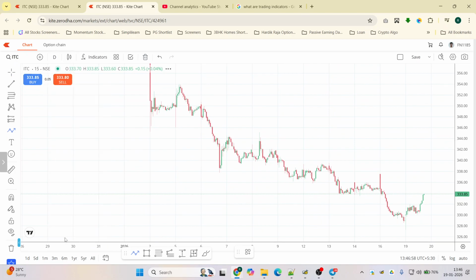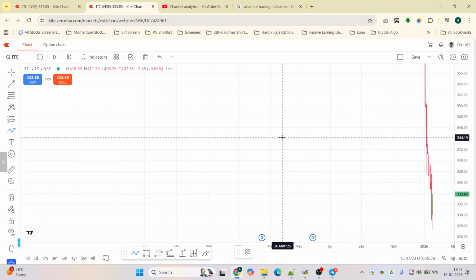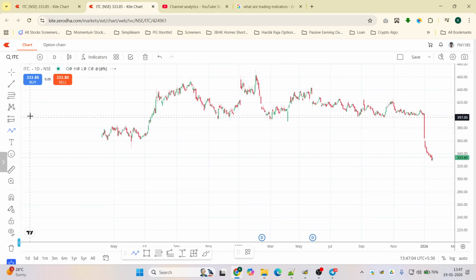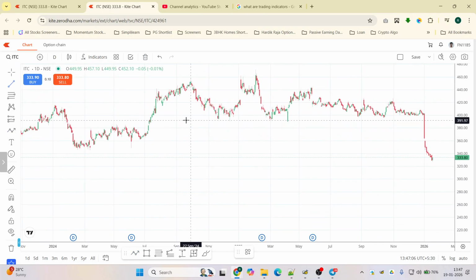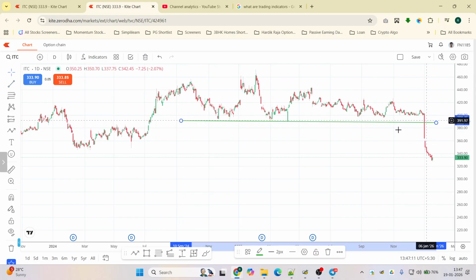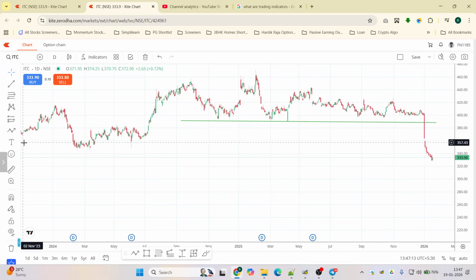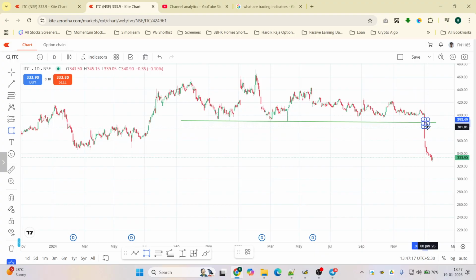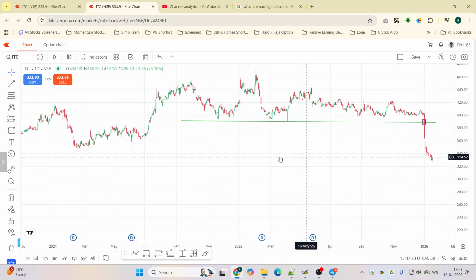If I change to a day time frame, you can clearly see there is a support line. ITC has clearly broken the support line in this area, and it is going in a downtrend.